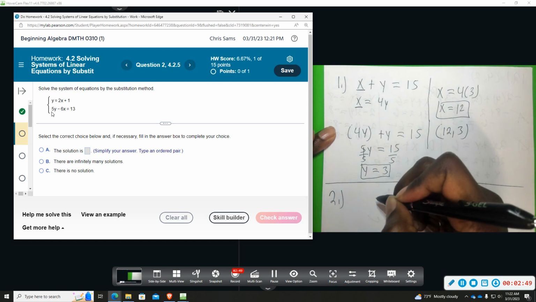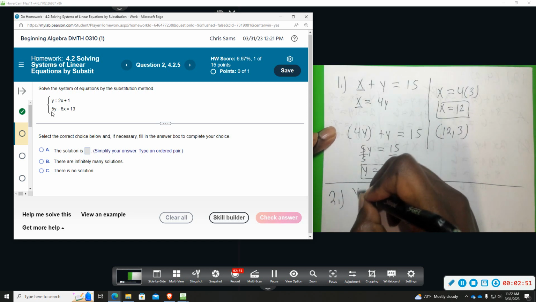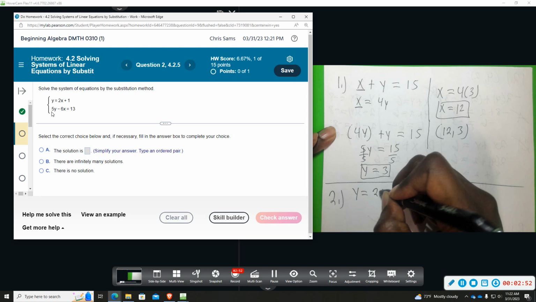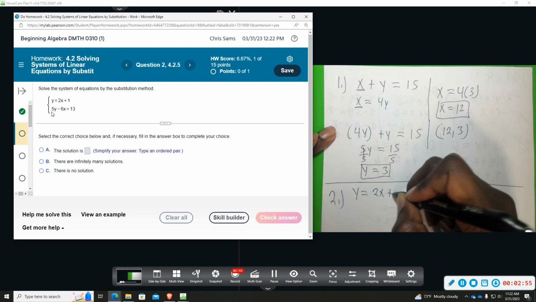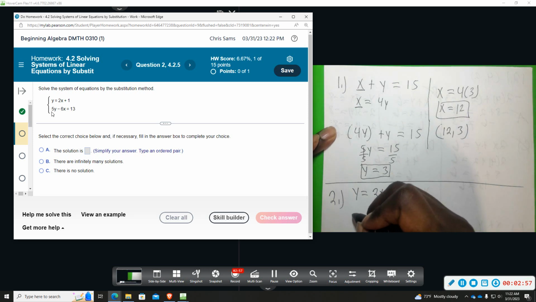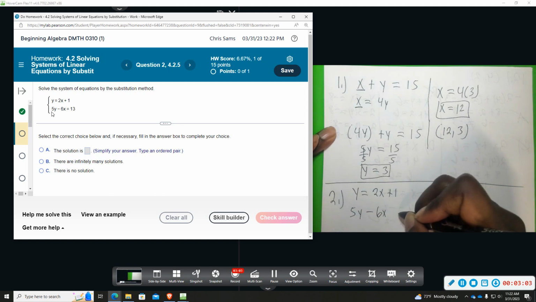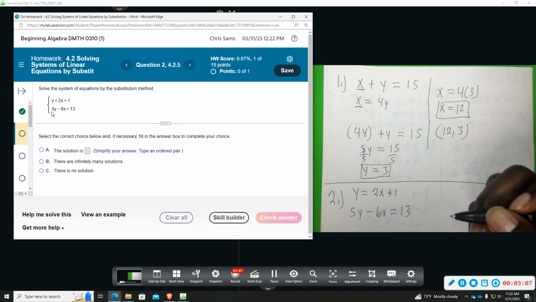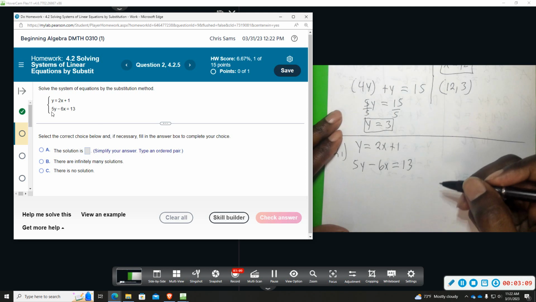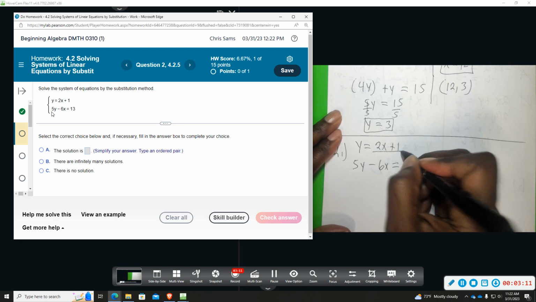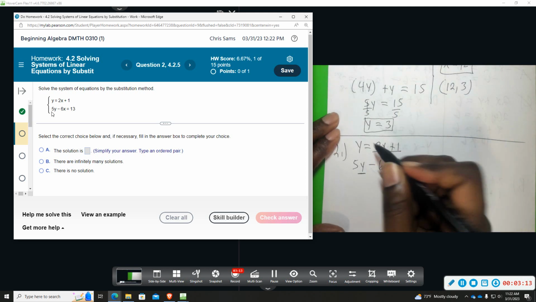So my two equations: y equals 2x plus 1, and my second equation is 5y minus 6x equals 13. And I'm going to substitute this for y right here because y is equal to that.